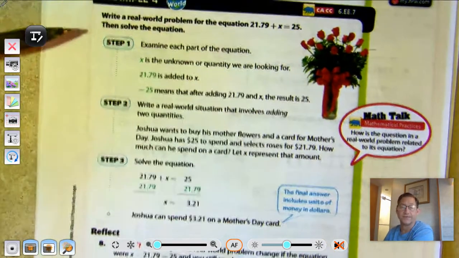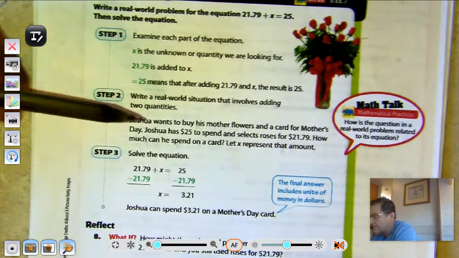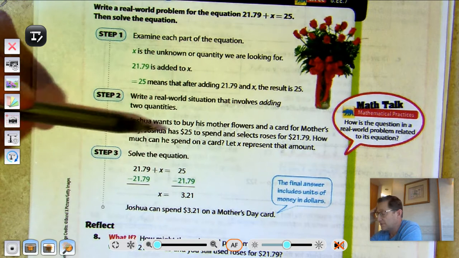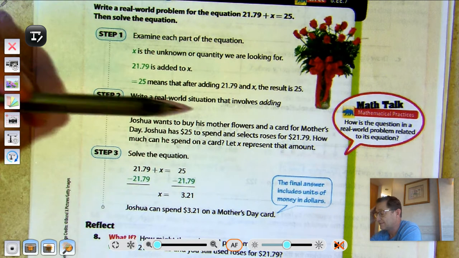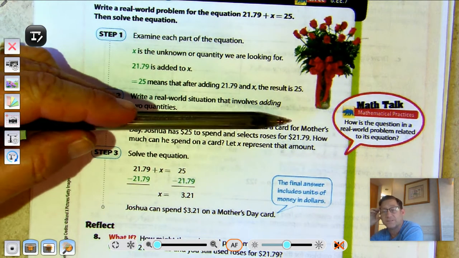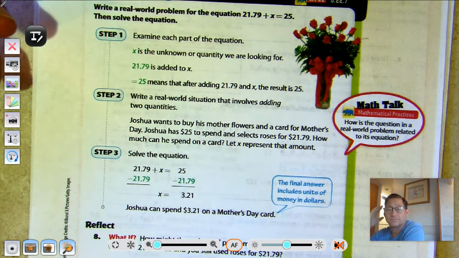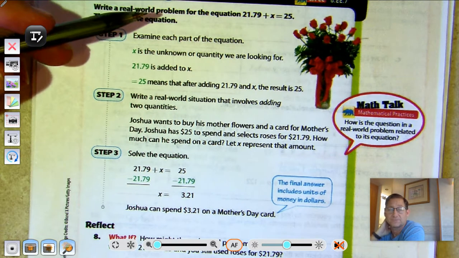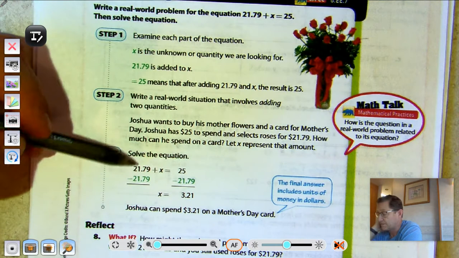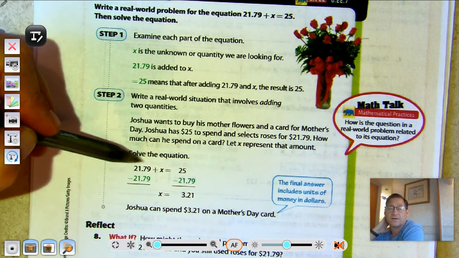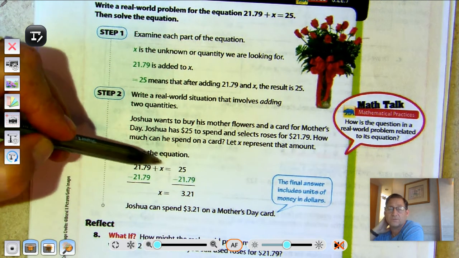And here's the example they're given. Joshua wants to buy his mother flowers and a card for Mother's Day. Joshua has $25 to spend and selects roses for $21.79. How much can he spend on a card? Let x represent that amount. So you would solve the equation. $21.79 on roses plus the amount he spends on the card will be $25.